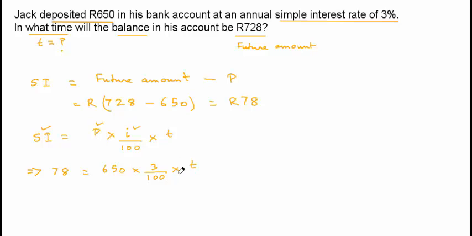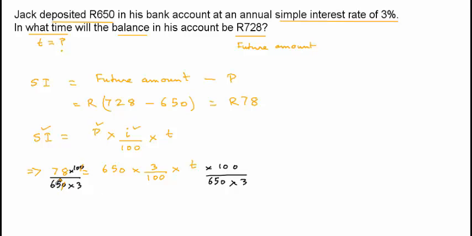And therefore, to find t, we are going to multiply both sides with 100 times 100 and divide both sides with 650 times 3. And do the same on the other side. 650 times 3. Let's simplify this. Cross off the 0 from the end and the 0 from the end. One from the numerator, one from the denominator, which essentially means dividing with 10.